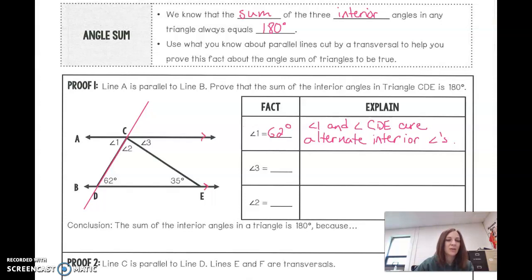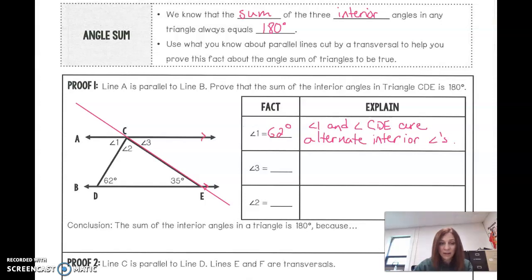So now we can look at angle 3. If I extend this transversal, notice too that angle 3, if we look at these two parallel lines, kind of ignoring this over here, 3 and 35 are on opposite sides of the transversal. So they're going to be alternate interior angles too.